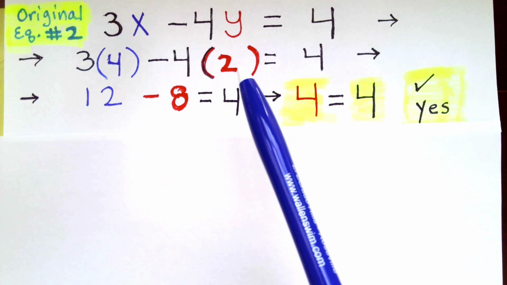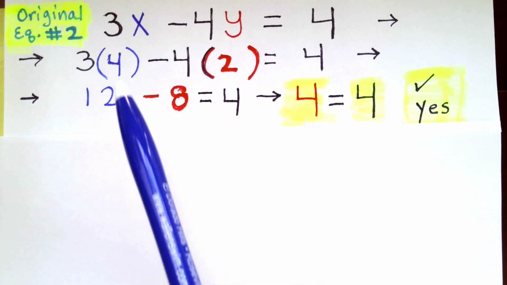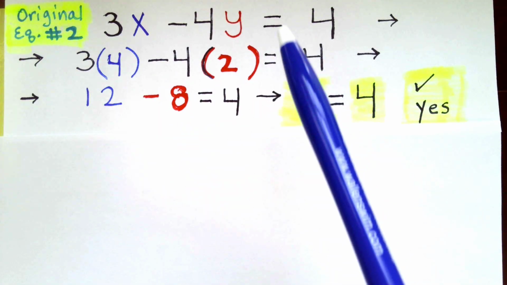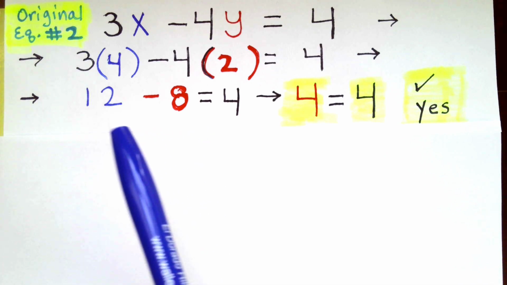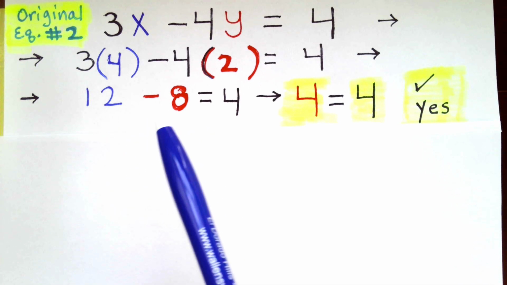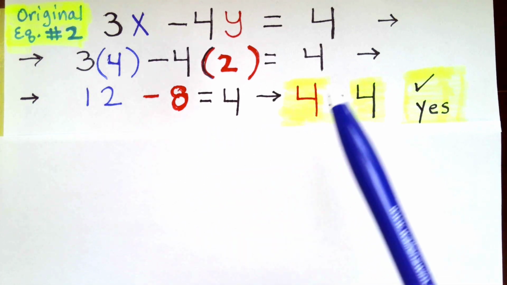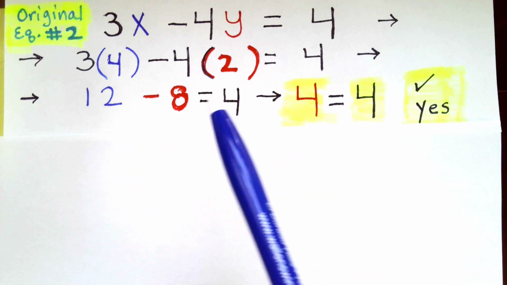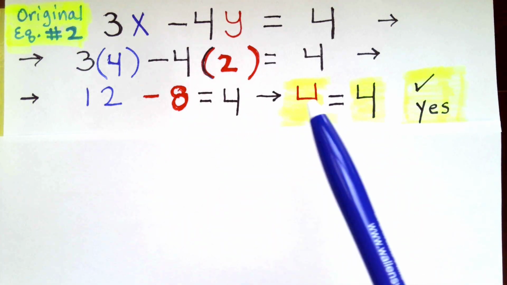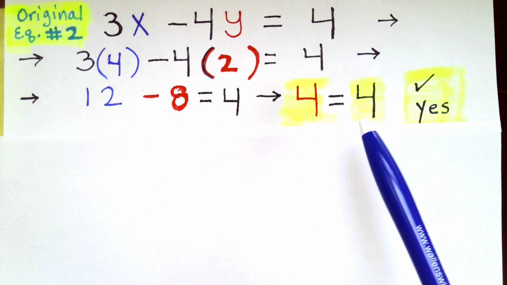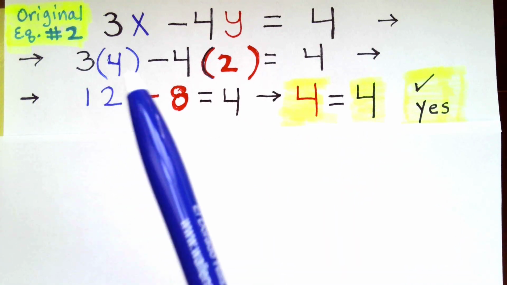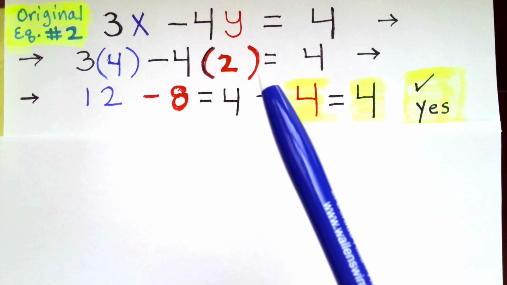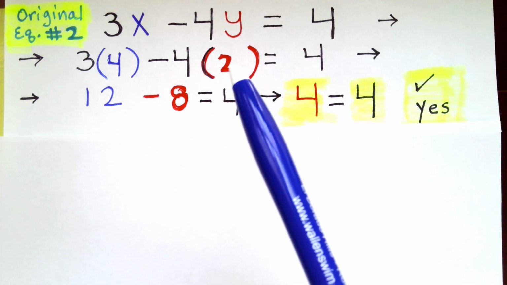A negative 4 times a positive 2 is a negative 8. I'm going to bring that down, and I'm going to bring down my 4. 12 minus 8 equals 4. Does 4 equal 4? Is that a true statement? Yes, that checks off. So x has got to be equal to 4, and y has got to be equal to 2.